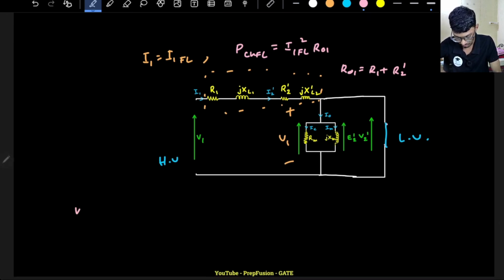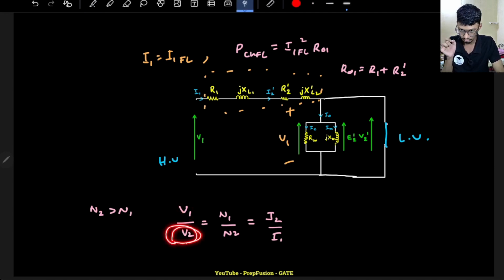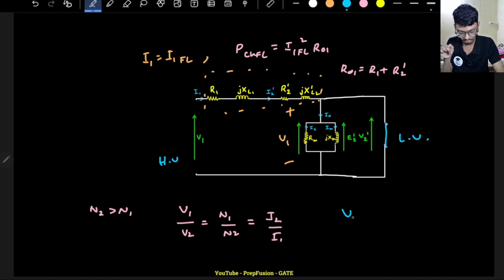So what are the ratios? If you remember, if let's say N2 is greater than N1, that means the secondary is high voltage and primary is low voltage. So I know V1 by V2 will be N1 by N2 will be equal to I2 by I1. So the side where the voltage is rated, that is V2, and it is the highest voltage HV winding, in that side the current will be lower because KVA must be constant, right?